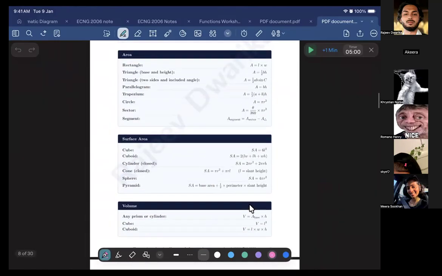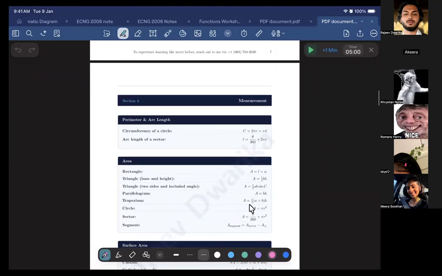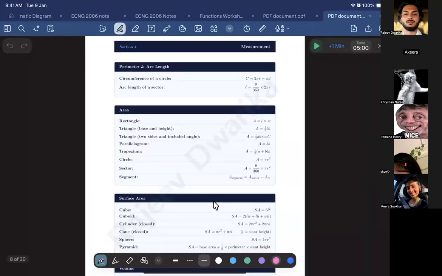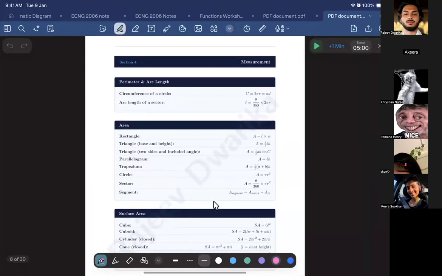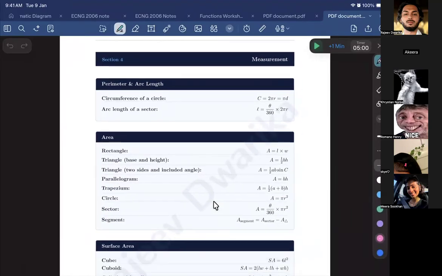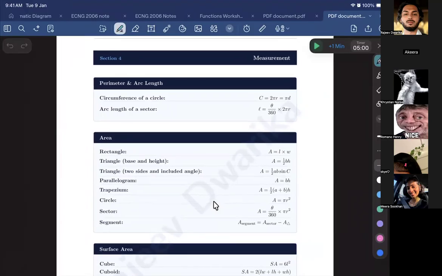All right, so I'll preview my textbook, my formula book. It looks fancy, but you can take a screenshot, Samir. These are all the formulas you need to know.